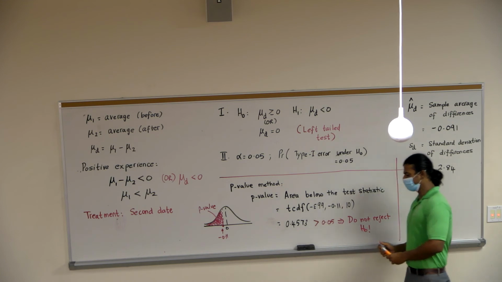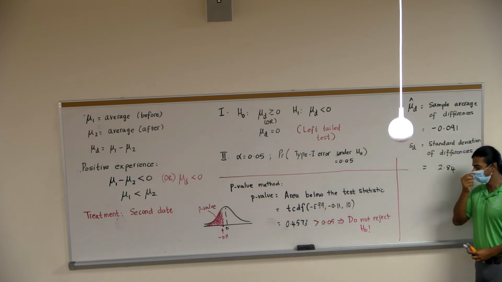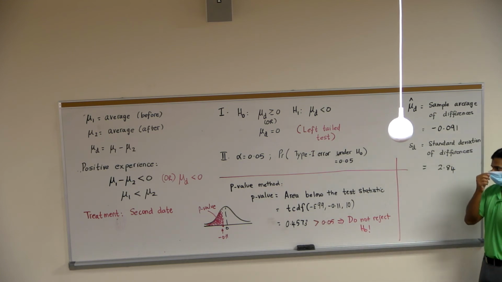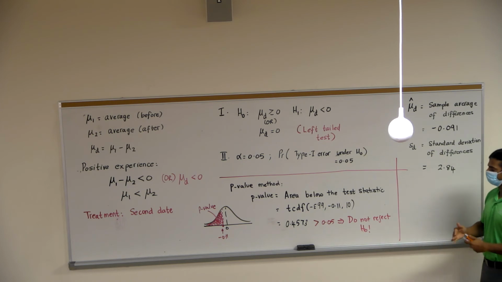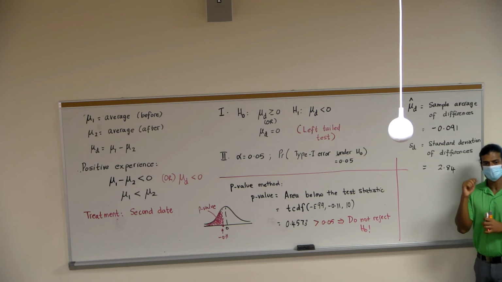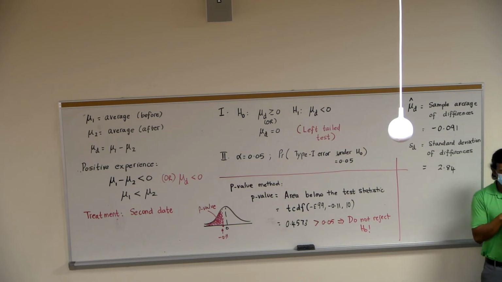This also suggests that based on the current data that we have, under the null, if I rejected the null and went with the claim, the probability that I could be wrong is 45.73%.